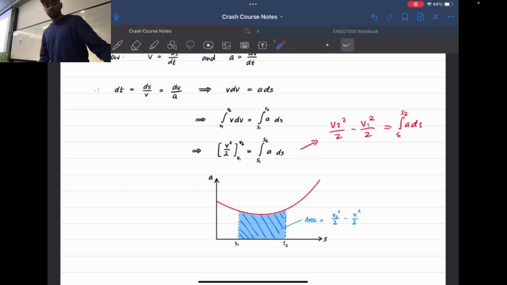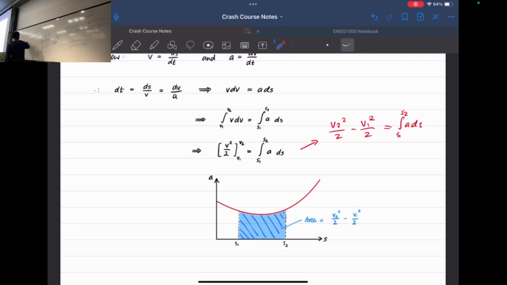So in the off chance that you ever get a weird graph, an AS graph, so this is an acceleration displacement graph, the area under the graph will always be the change in the velocity squared divided by 2. It's a bit confusing to think about because we've always thought about the area being either velocity or displacement.